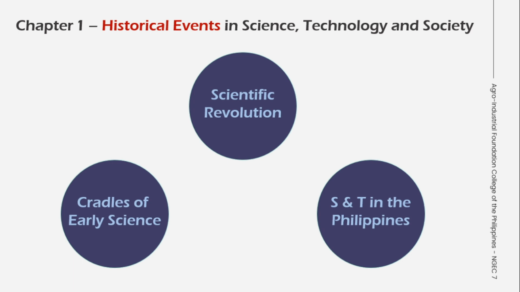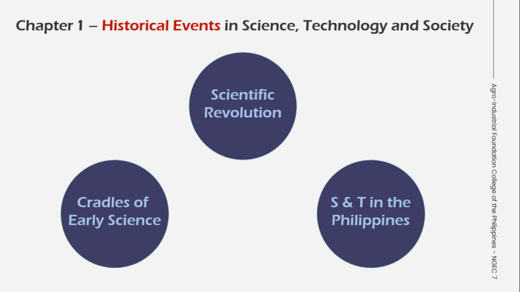How colonization, so the coming of the Spaniards and the Americans, as well as the foreign trade, has influenced the development of science and technology in our country, and how our country developed projects, programs, and policies, the 3Ps, geared towards development of science and technology in the country, and also the factors that influence the development of Filipino scientists.